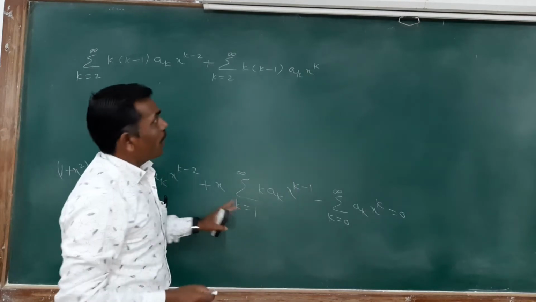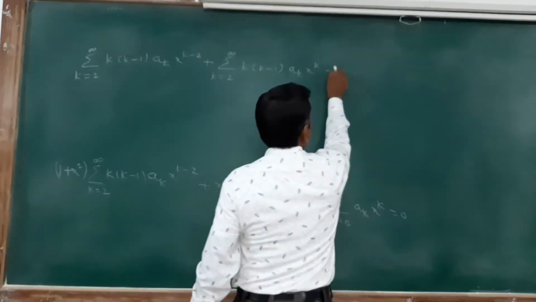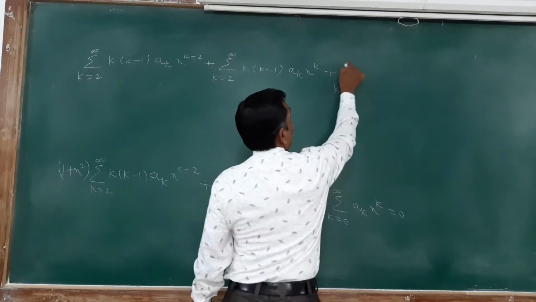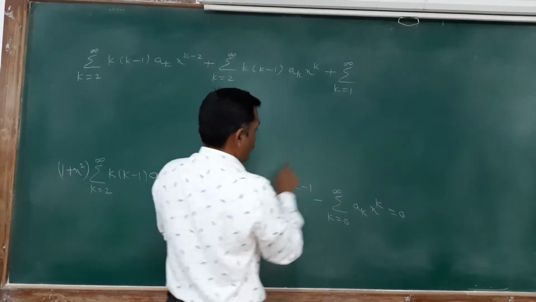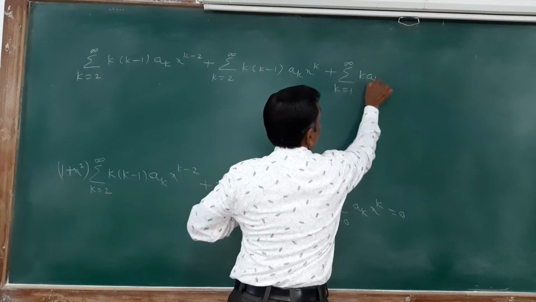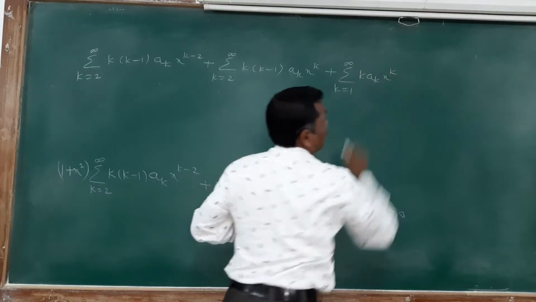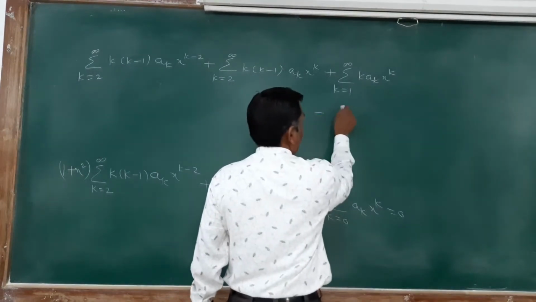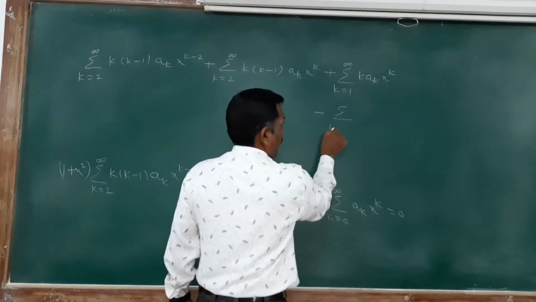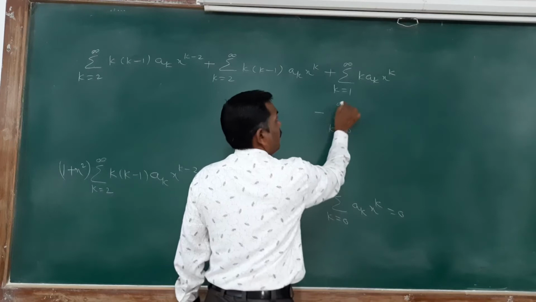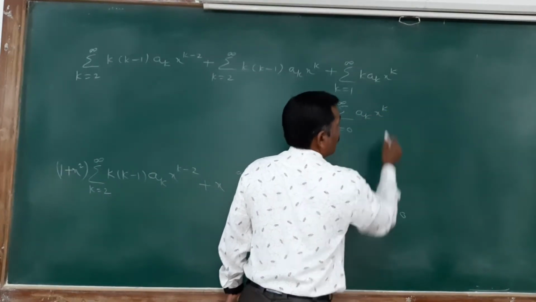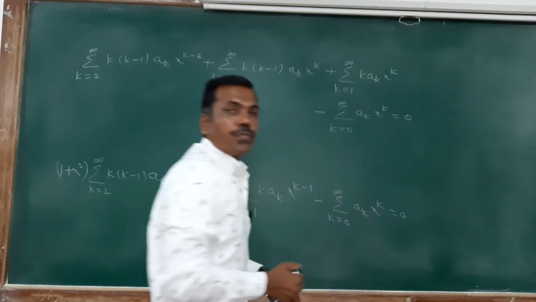Okay, now multiply by x. So here plus summation k = 1 to infinity k ak x^k. Right? And last one is minus summation k = 0 to infinity ak x^k is equal to 0.